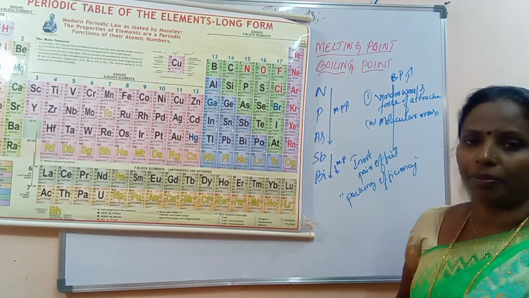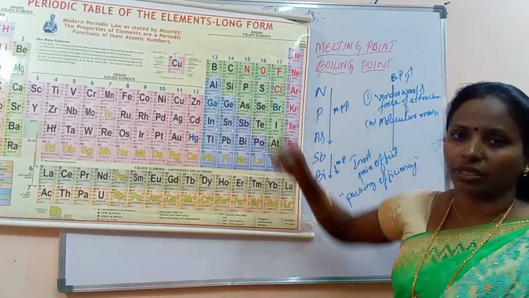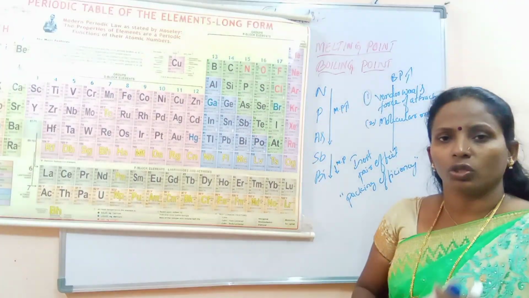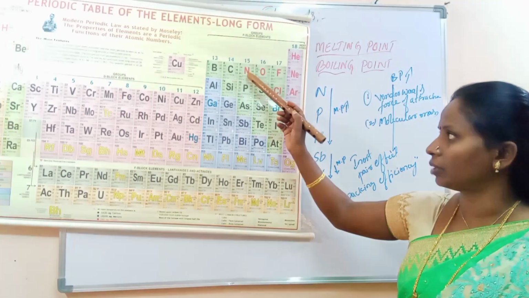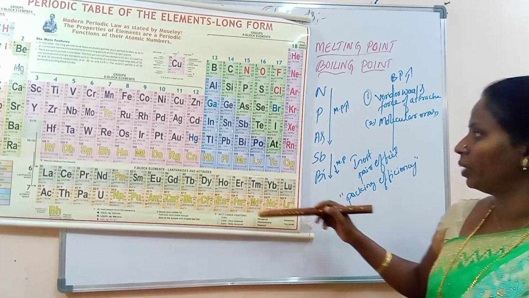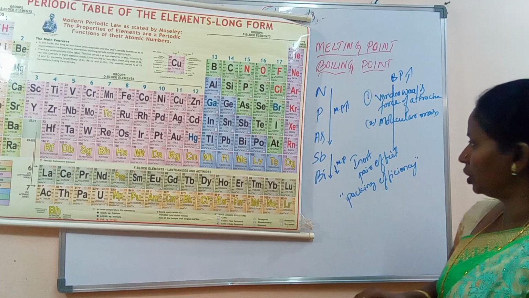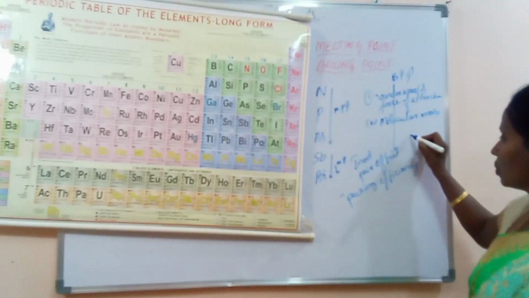The boiling point mainly depends on van der Waals force of attraction. Nitrogen is a gas, so we observe a weak van der Waals force of attraction here. Then as we move down the group, the molar mass increases, and so the boiling point also increases.